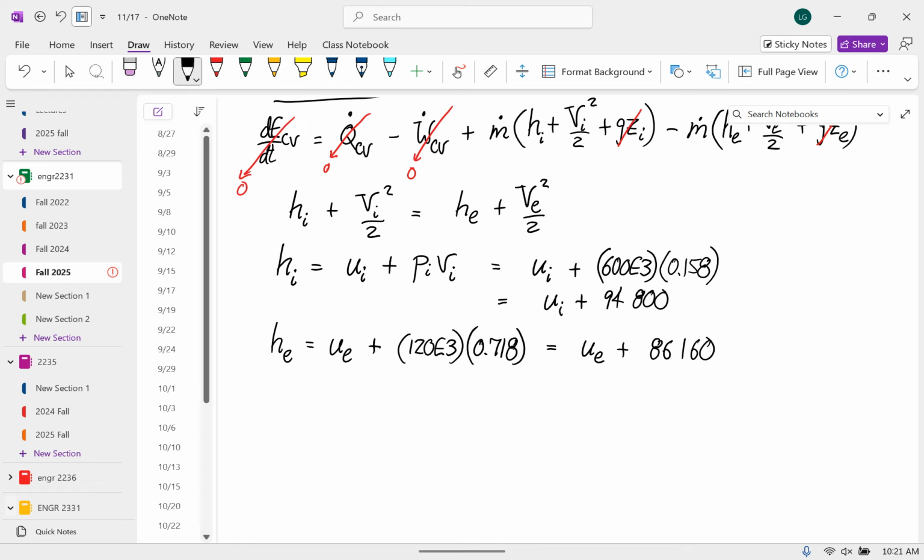All right, so now I'm going to use these equations and combine them.